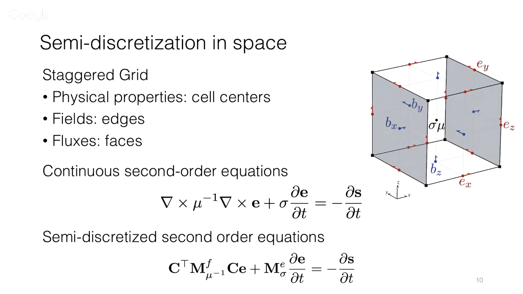So curl, mu inverse, curl transpose, E, plus M, that's our sigma, dE/dt, equals the source term. This is really nice once you get to something like this, a discretization and representation where you can look at the discrete mathematics and actually see the operators that are happening in the continuous field.